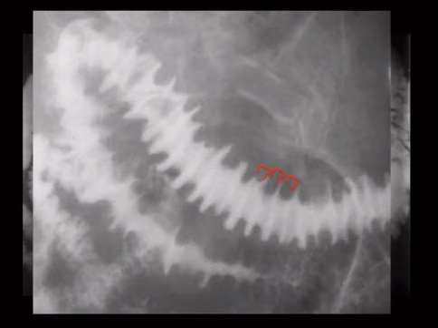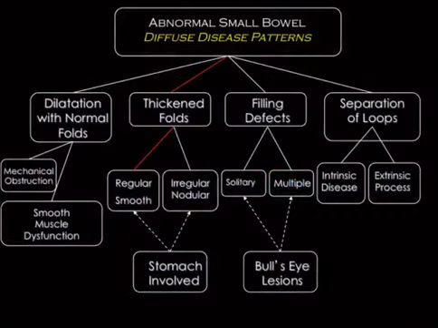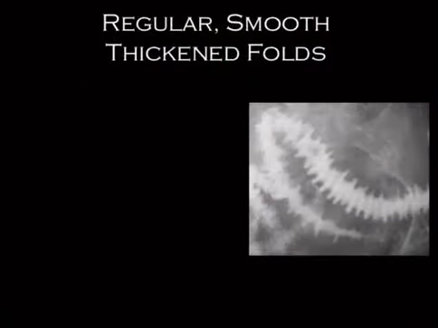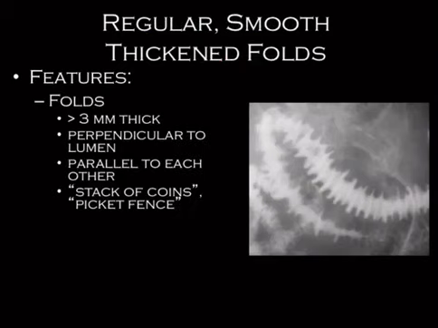Now let's contrast it with this, and you can tell that these folds are different than the ones that we had before. These folds are too thick. This is abnormal. So this is our regular smooth fold thickening. And there's a differential for this also, so this is what we've got.